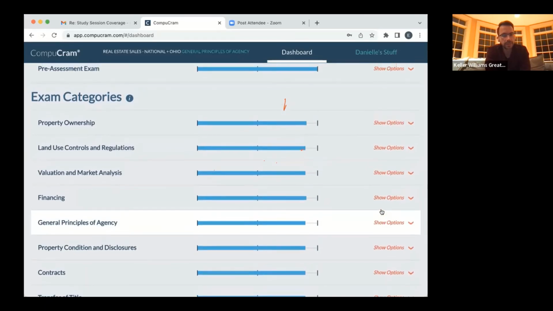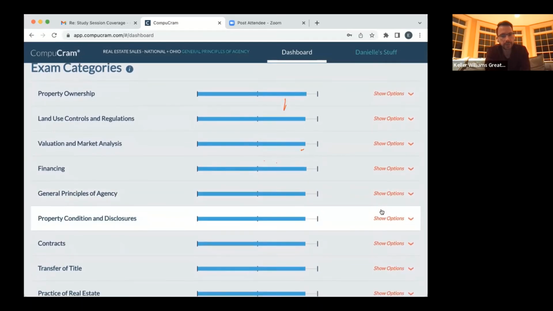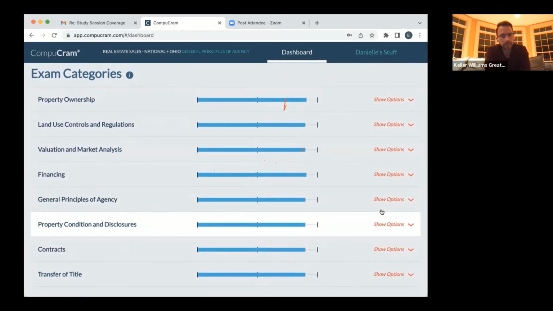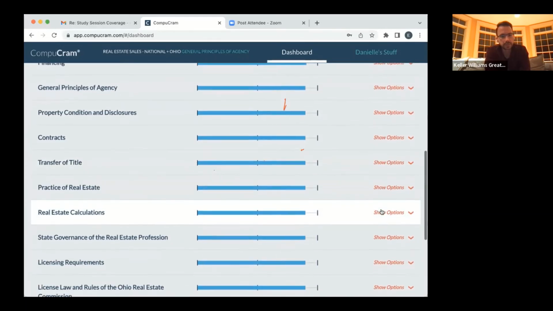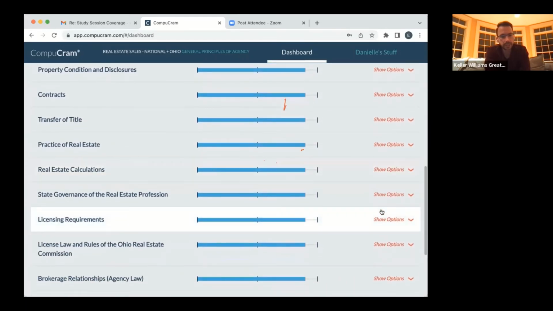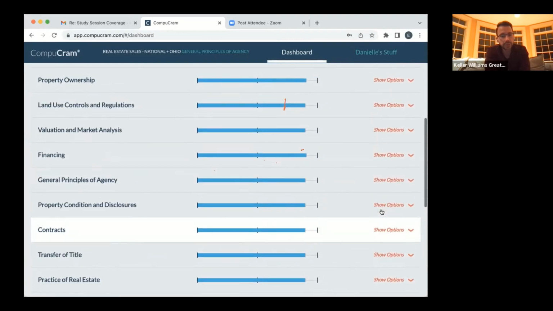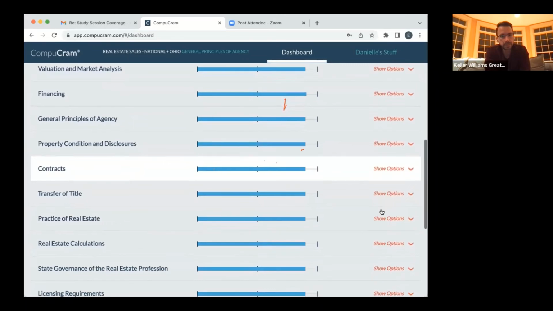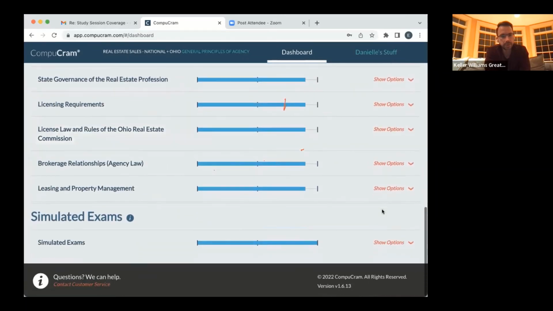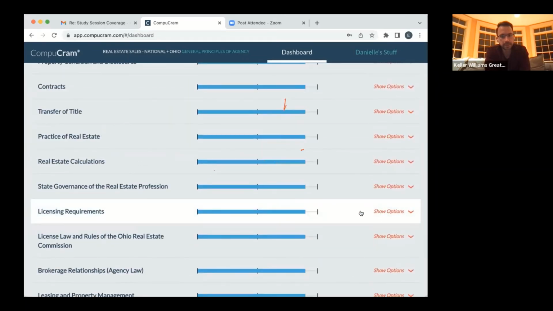What would you guys like to get into? Licensing requirements, and then we'll get valuation and market. Do we need an amortization table? That depends on which questions we get into. But we're going to jump into licensing requirements next, right here.